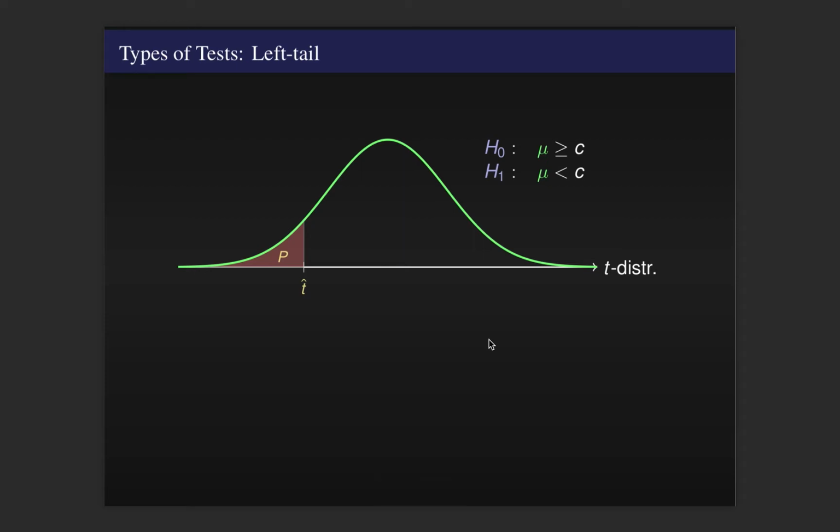There are 3 different types of tests, and they're all associated to the way that your null and alternative hypotheses look. So if you start by testing a claim that the population mean is greater than or equal to some value, we're going to call this a left-tailed test. Now notice that the alternative hypothesis is that the real mu in the population is actually less than the proposed value C. Right?